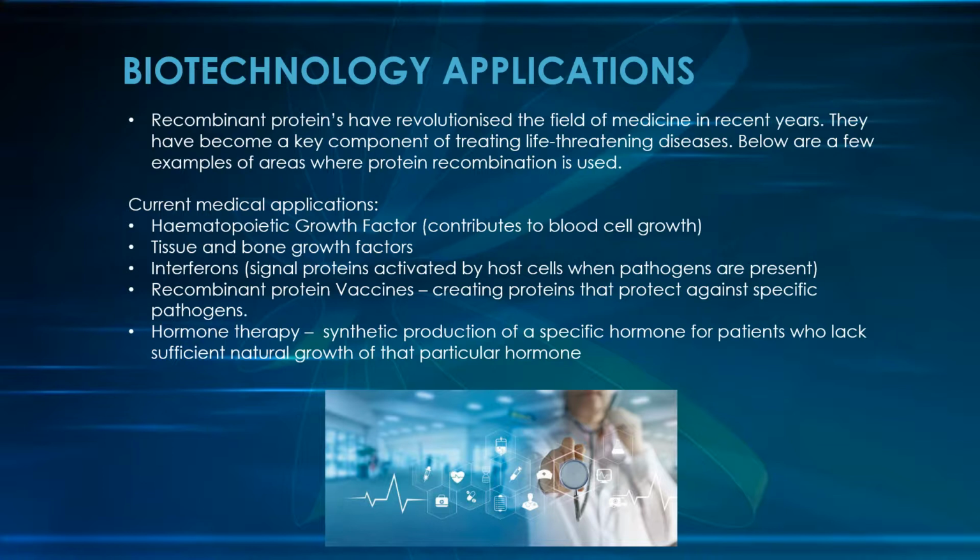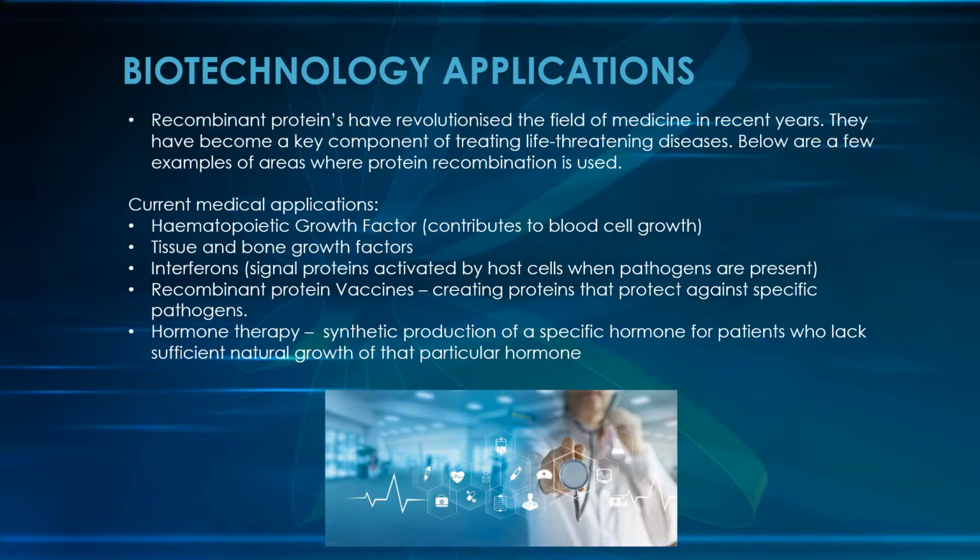The first one is hematopoietic growth factor, which contributes to growing blood cells. Then tissue and bone growth factors, and interferons, which are signal proteins activated by host cells when pathogens are present. Recombinant protein vaccines, creating proteins that essentially protect against specific pathogens.